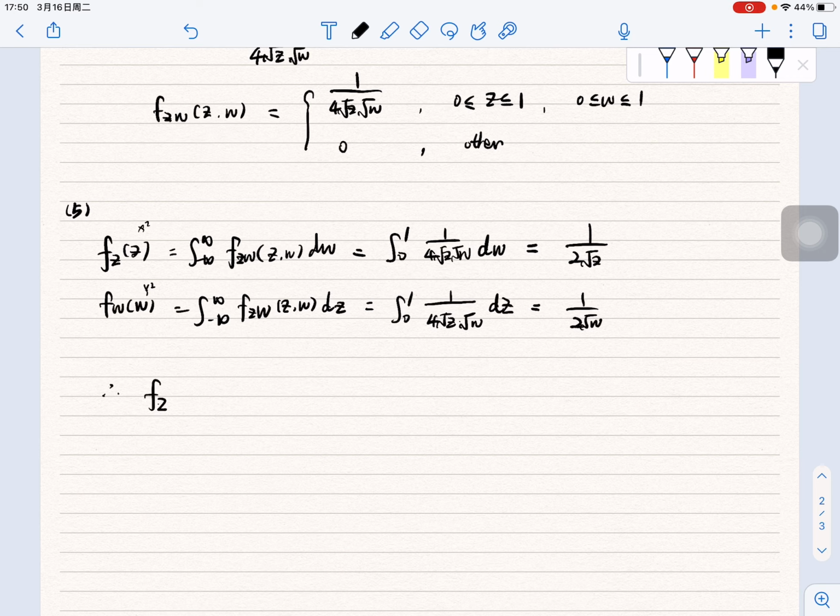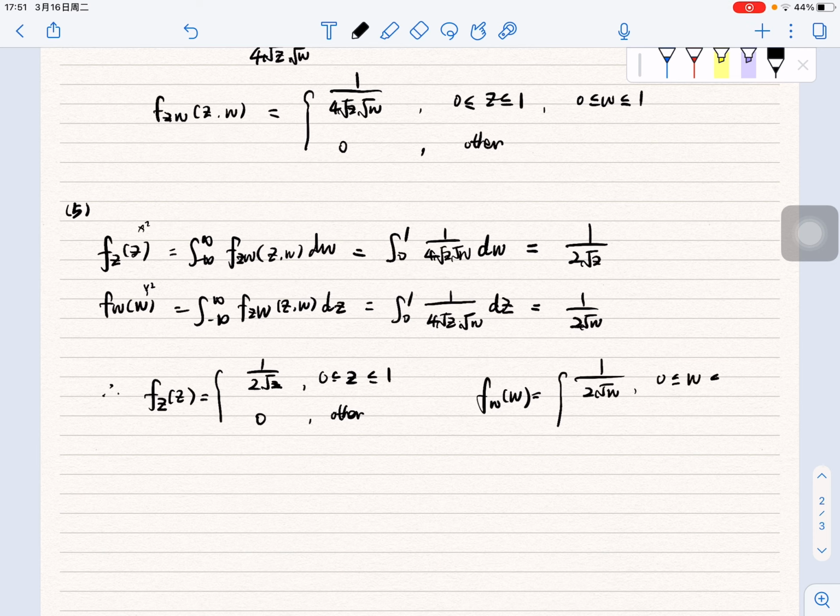Therefore, we can get fz equals 1 divide 2 root z when z is larger than 0 and less than 1, and 0 when z is another value. Meanwhile, fw equals 1 divide 2 multiply root w, and w is larger than 0 and less than 1. Also, when w is another value, the function is 0.